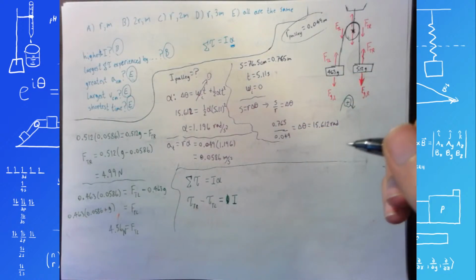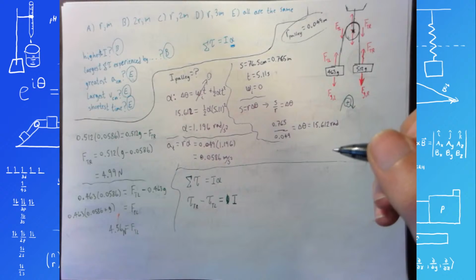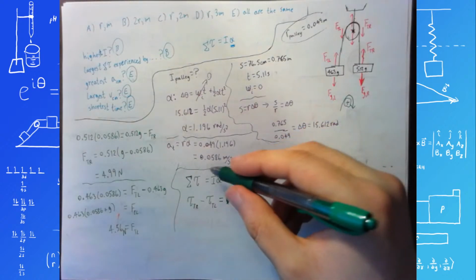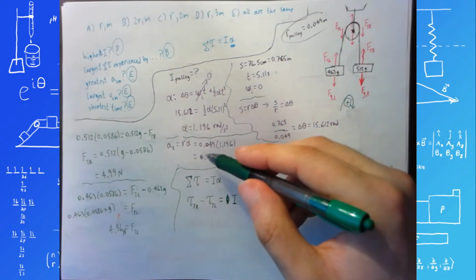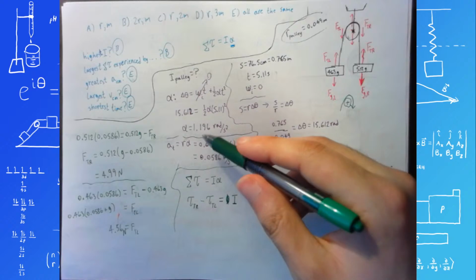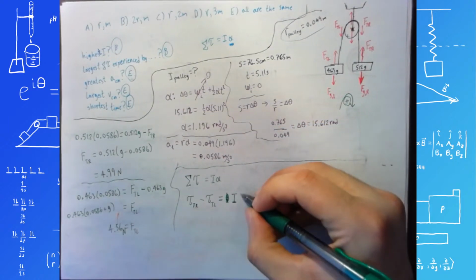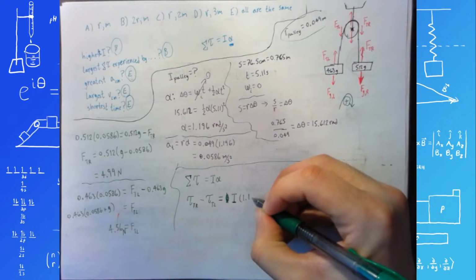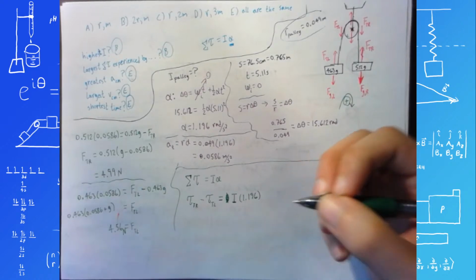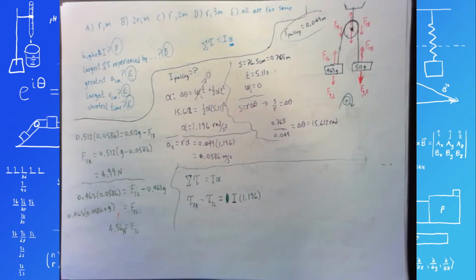So anyway, I times, what was our alpha again? It was 0.0, no, that's the translational acceleration, 1.196. 1.196 for alpha. Okay, torque of tension right minus torque of tension left.